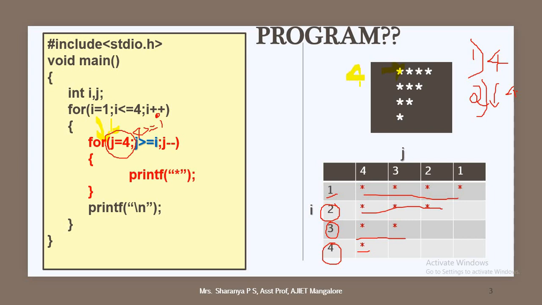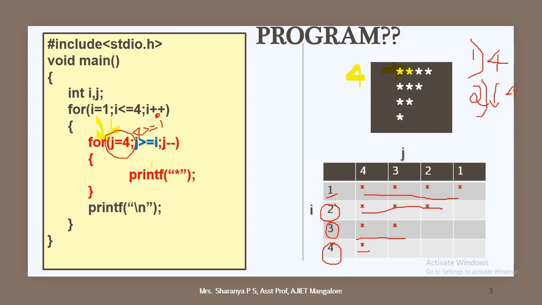With j as 4, it checks whether 4 is greater than or equal to 1. The condition is true, so the first pattern is printed. Now j is decremented. The j value is 3 now. 3 is greater than or equal to 1. The condition is true, so the second pattern is printed.